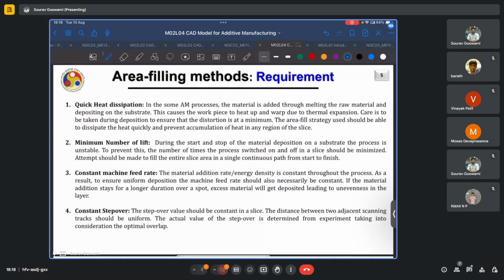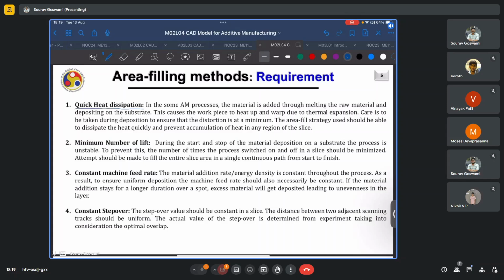Now, each area filling method or each toolpath strategy must satisfy a few requirements, and they should be designed in such a fashion that they address certain objectives. What are some of these objectives? So, the few most important ones are listed here. One is to allow for quick heat dissipation and to prevent accumulation of heat.